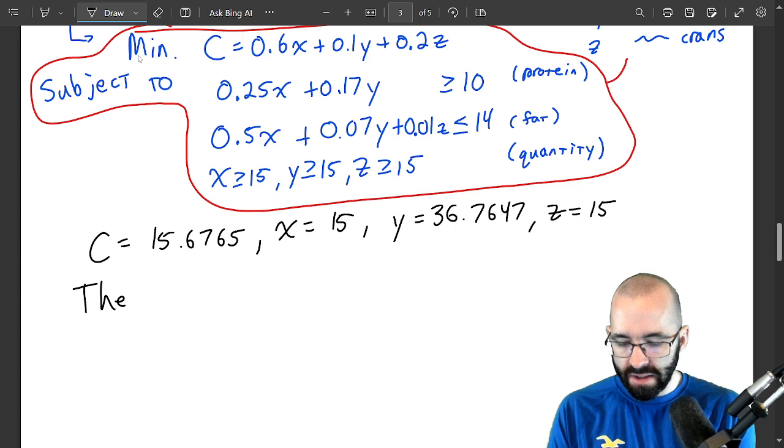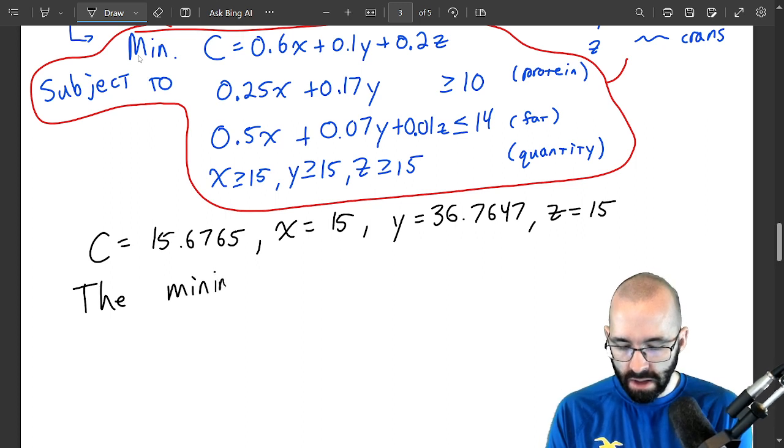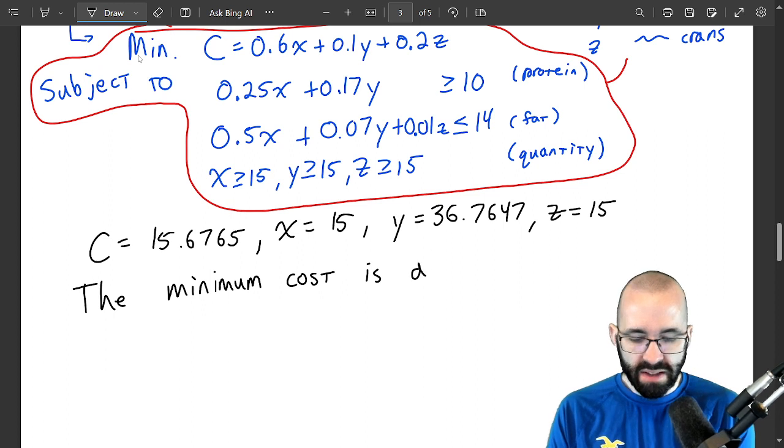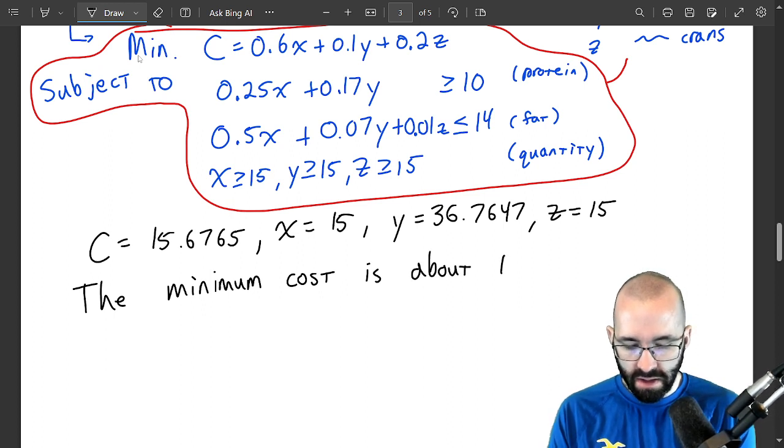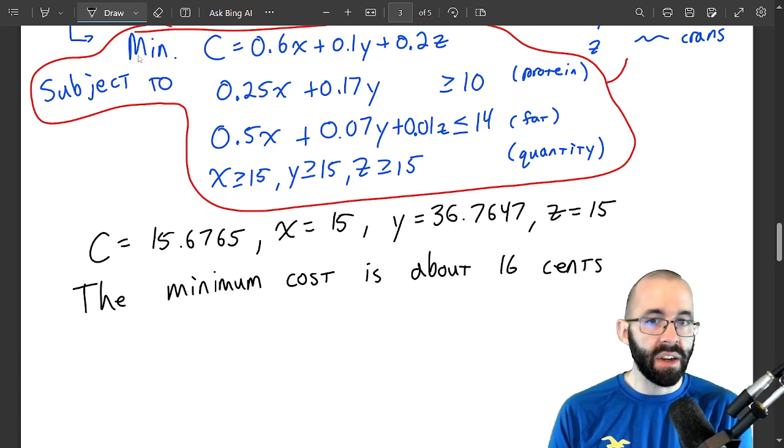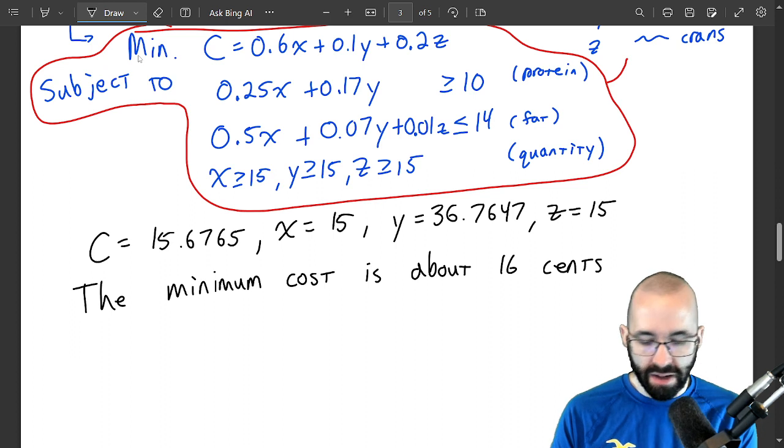So the minimum cost is about 16 cents. And again, we have the exact answer right above here. So if we really wanted more precision, we do see that right there.